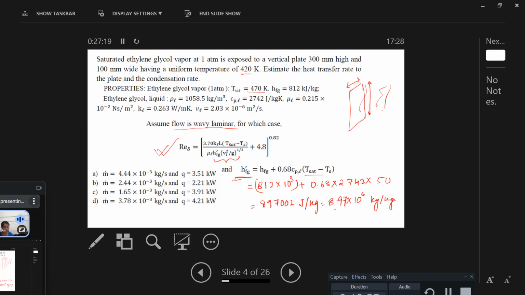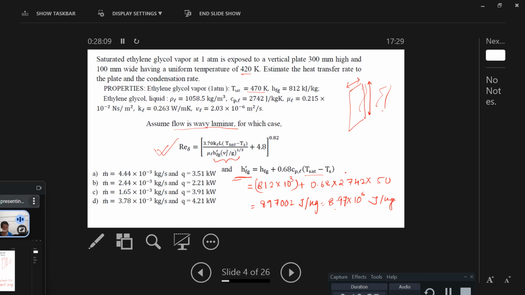Sorry, this is joule only. Once we get this, it is almost equal to 9 into 10 to the power 6.